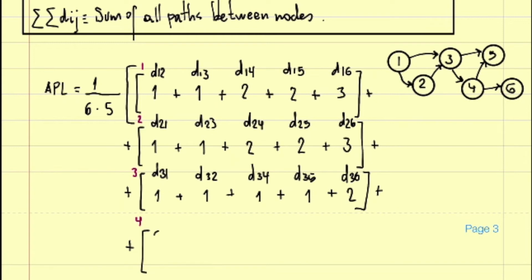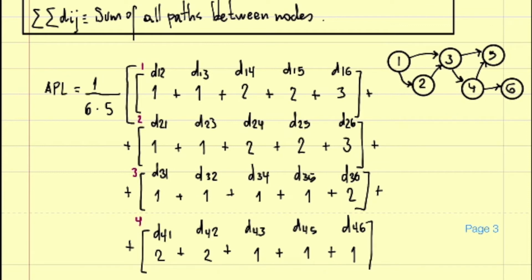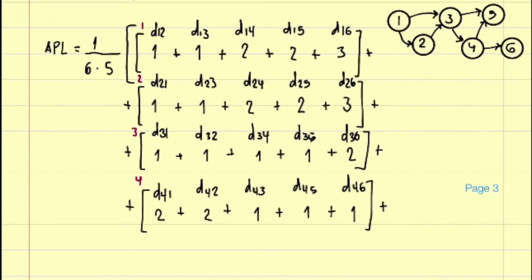Distance between 4 and 1 is 2. Distance between 4 and 2 is also 2. Between 4 and 3 is 1. Between 4 and 5 is 1. In between 4 and 6 is also 1. Continue with number 5.